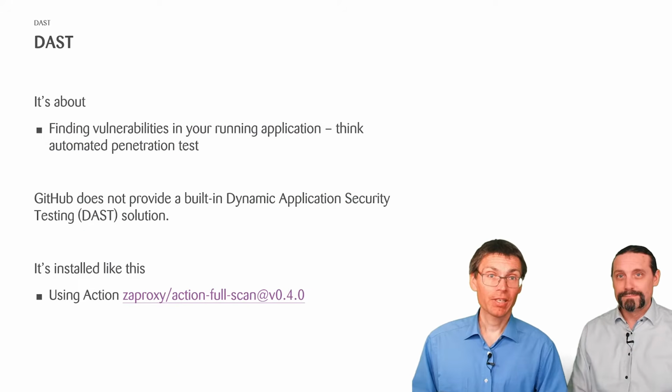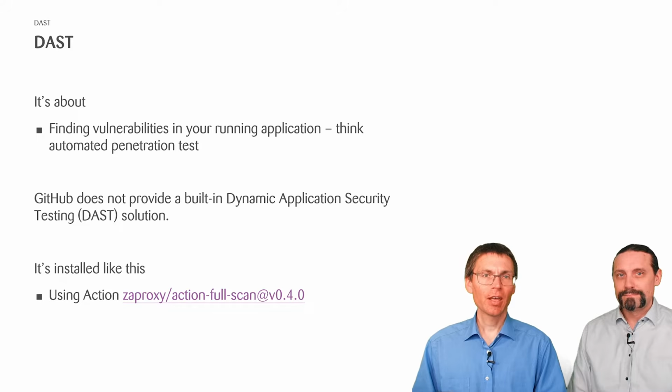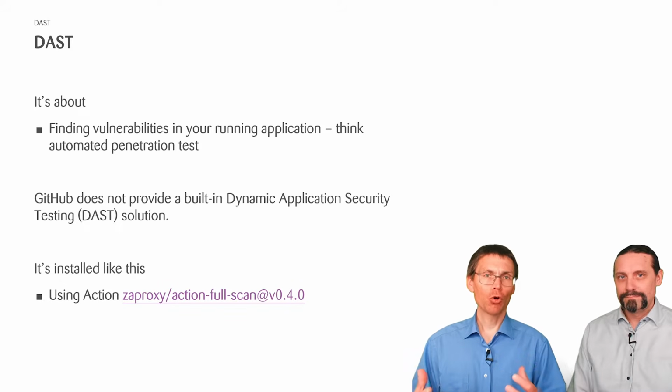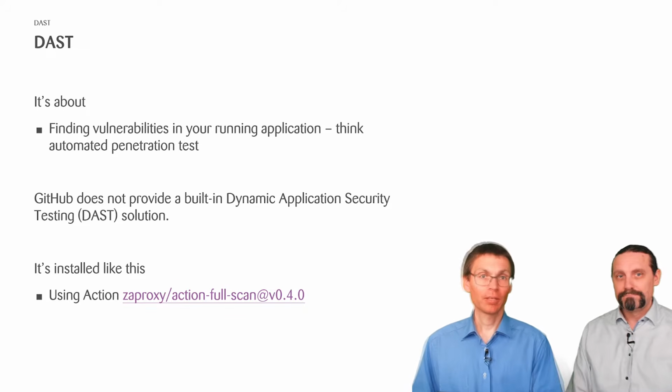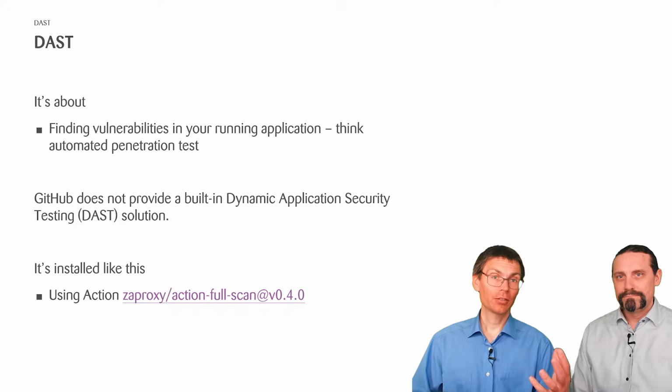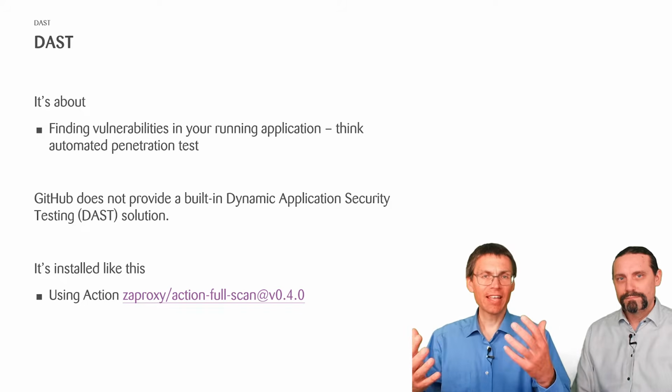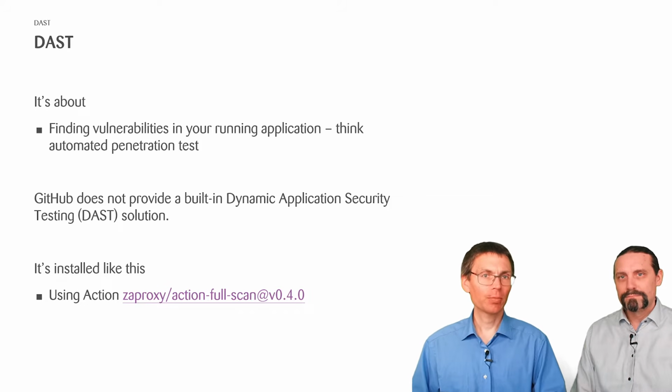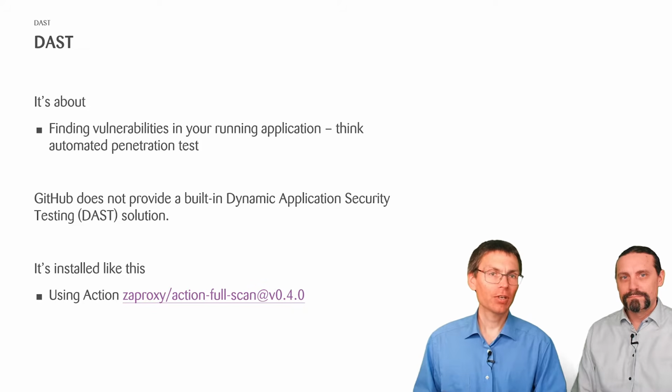In dynamic application security testing, we run our own application and then we attack our own application. This all is automated, of course, which means we need a tool that automatically scans and attacks our application that's running outside in the internet or within our premises.